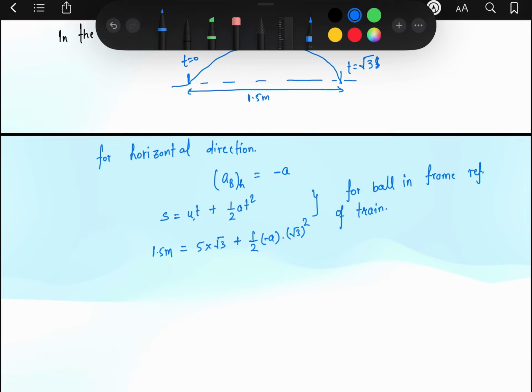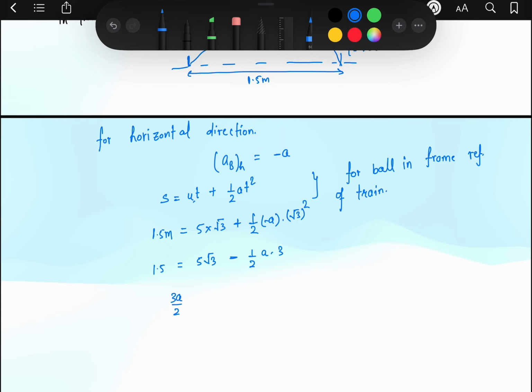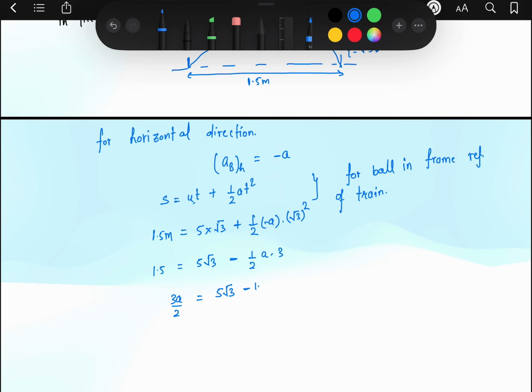So this will be 1.15 is equal to 5 root 3 minus half of a into 3. Here we have to find out the value of this acceleration a. So 3a by 2 will be equal to 5 root 3 minus 1.15.